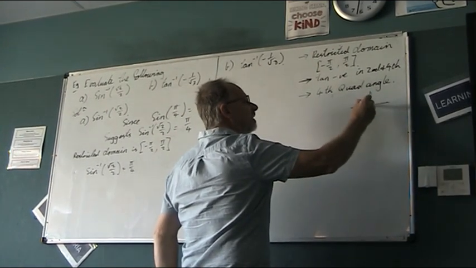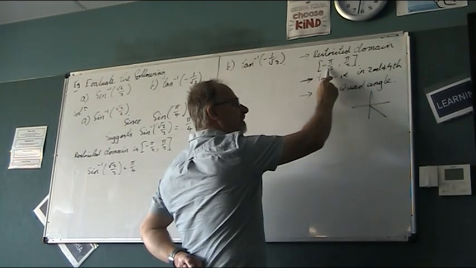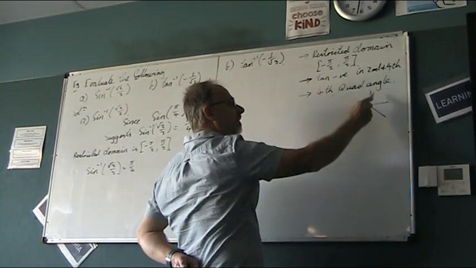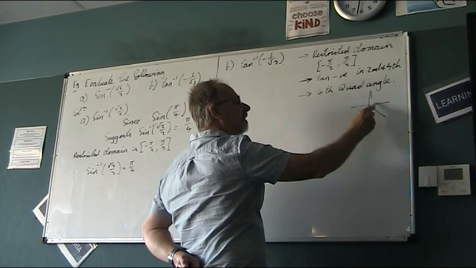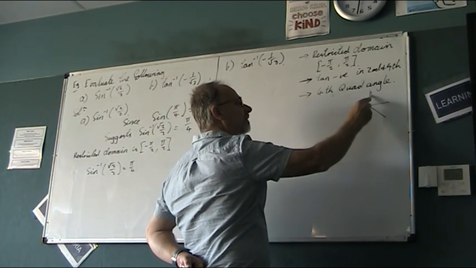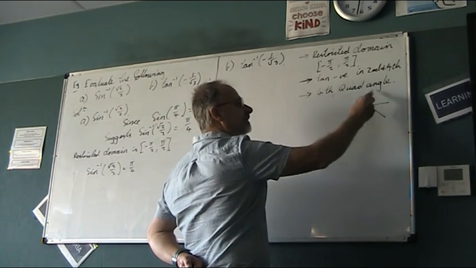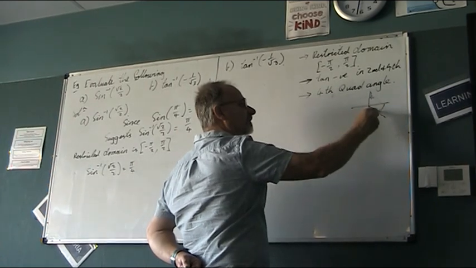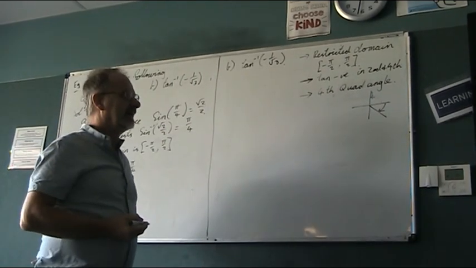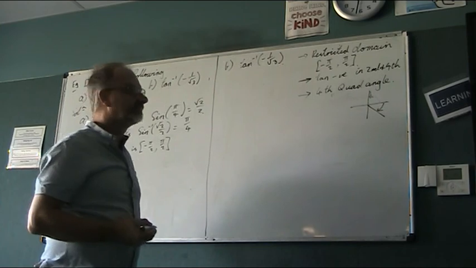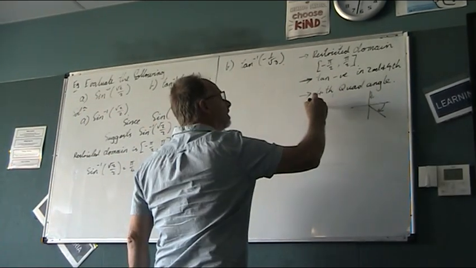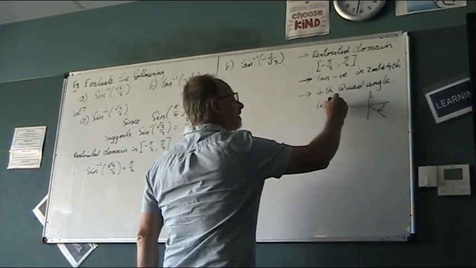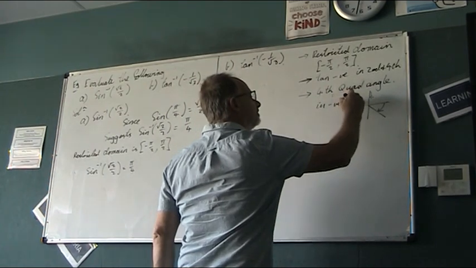Because our domain's negative pi on 2 to pi on 2, when we go in the anti-clockwise direction we can only go to pi on 2, so we can't. So what we've got to do is come back in that negative direction. So the fourth quadrant in the negative direction.